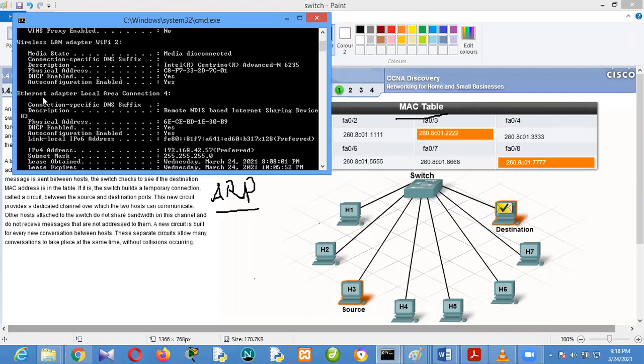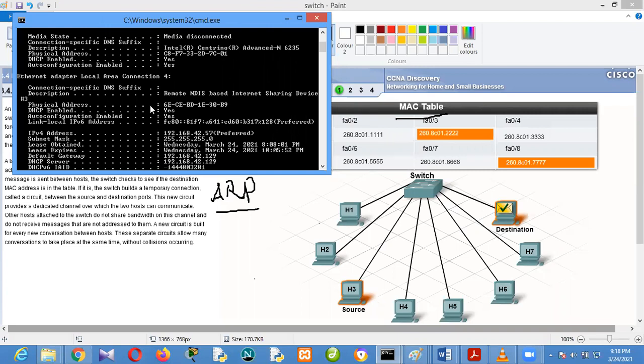Look at it now. I have this Ethernet adapter, my Ethernet LAN adapter. See, the physical address is 6E 6A, CA, BD, and all of that. That's the MAC address of my Ethernet adapter.